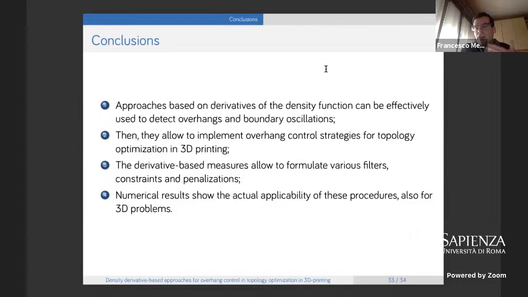And also what we have seen now are just some examples. We could exploit the generality of the introduced measures to formulate many other filters, constraints, and so on. And we have also shown numerically that we can apply these techniques also in 3D problems to obtain self-supporting and oscillation-free designs. Thank you.